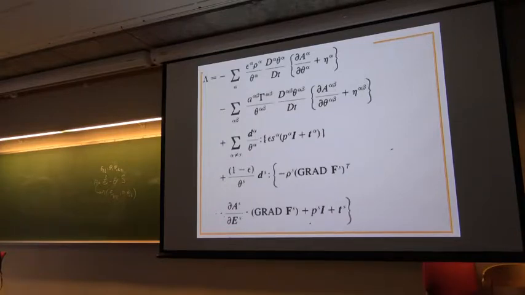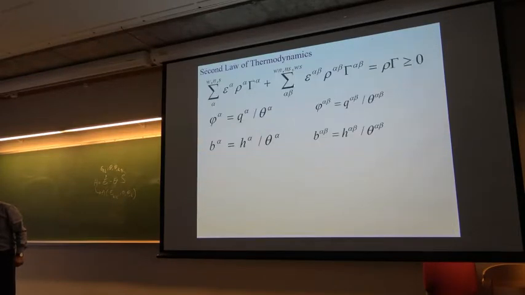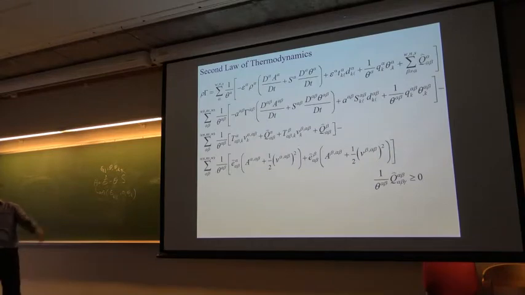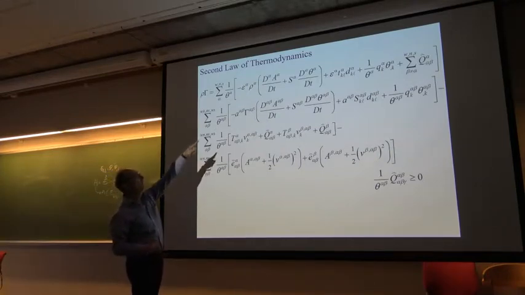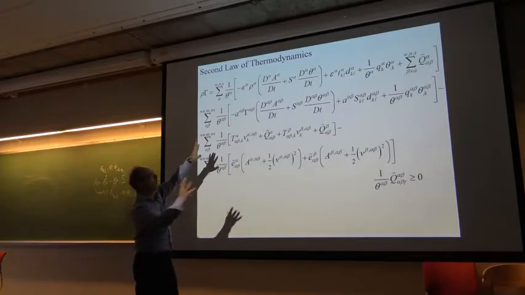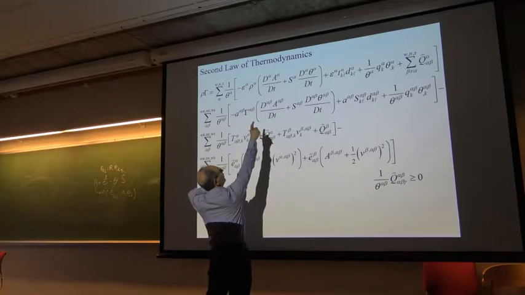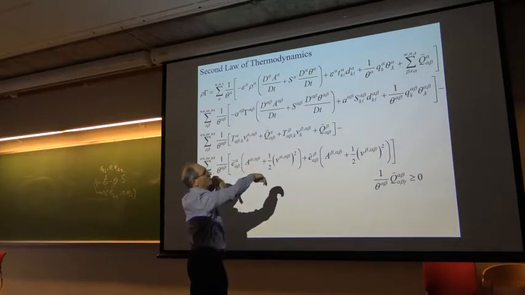So if I now substitute in the, remember, I'm sorry, I just go back and forth because I think it's really important to do that. If you remember the entropy inequality, I'm now going to say those constitutive equations must satisfy this, which means that I have to replace the free energy derivatives using the chain rule of differentiation.